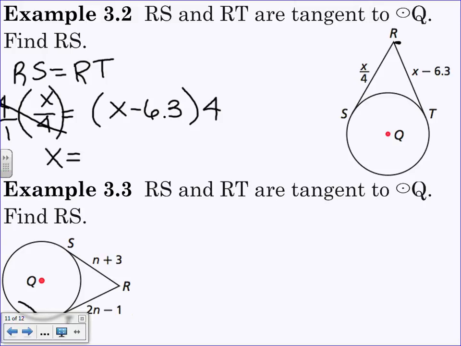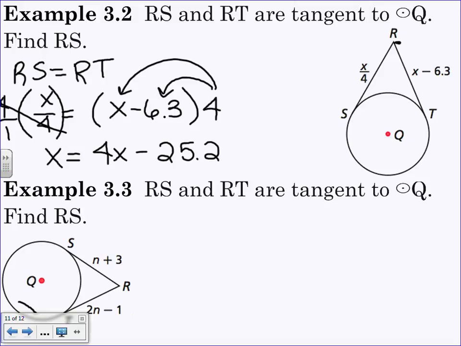On the other side, take note of the fact that I put the entire quantity that we had on the right-hand side inside parentheses, because I have to multiply 4 by both parts. So I have 4 times x, which is 4x, and 4 times negative 6.3, which gives me what? 25.2. That's okay.